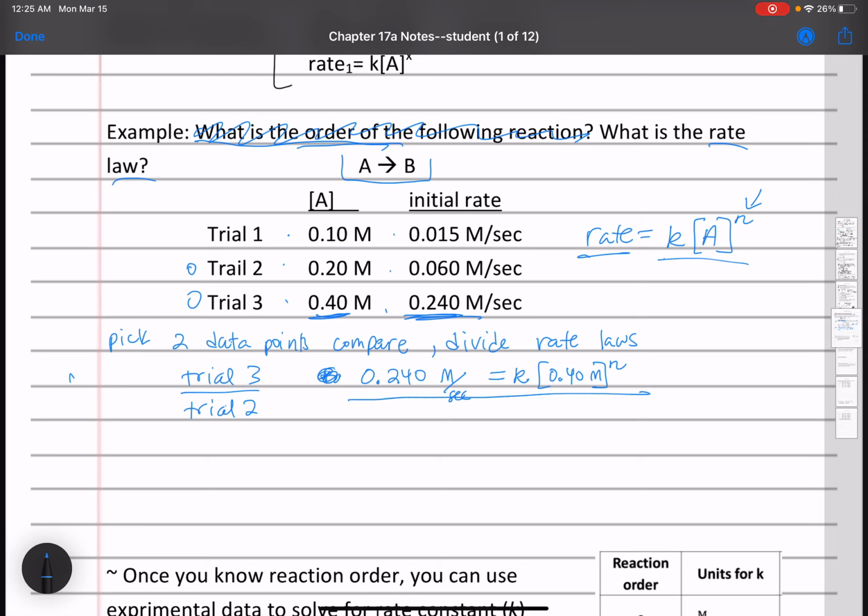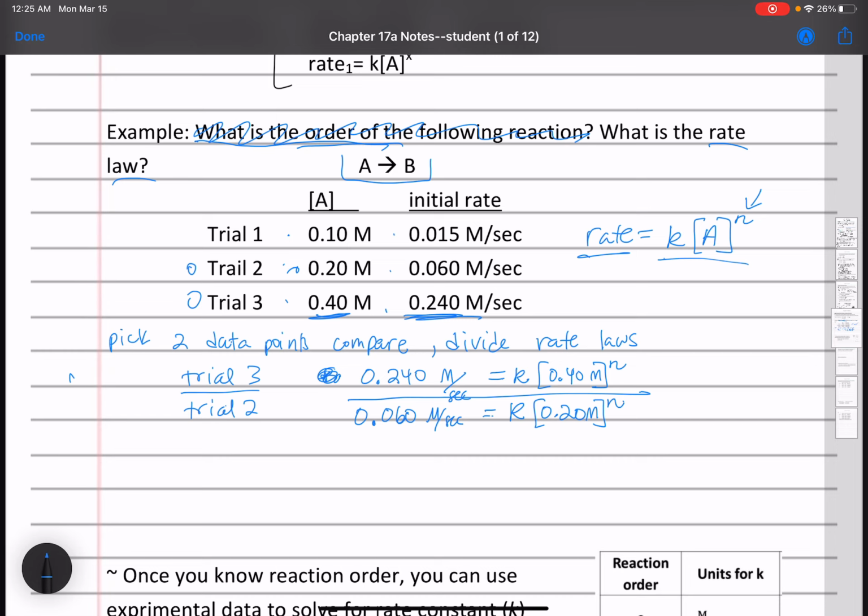I'm going to divide this by trial 2. The rate in trial 2 is 0.060 molarity per second equals K times 0.20 molar to the N power.